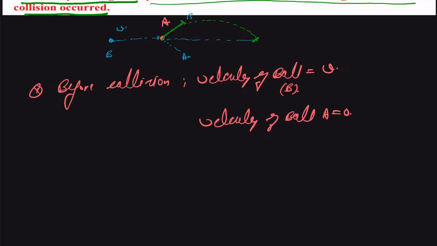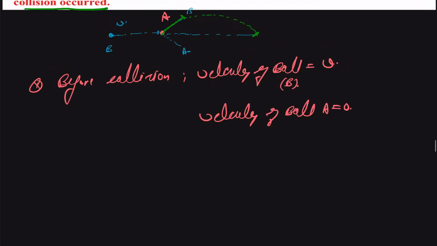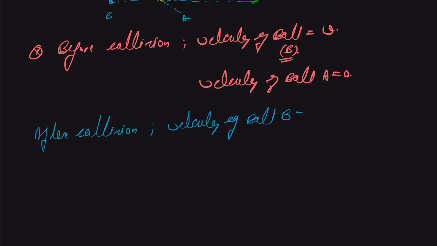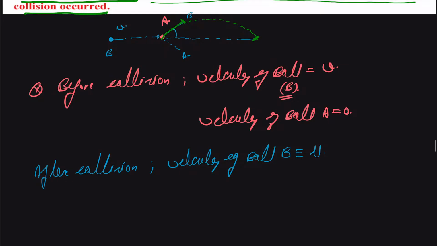And after collision, because we are only interested in ball b, we are going to say that after collision the velocity of ball b is supposed as u, and the angle it makes with the horizontal is supposed to be theta.